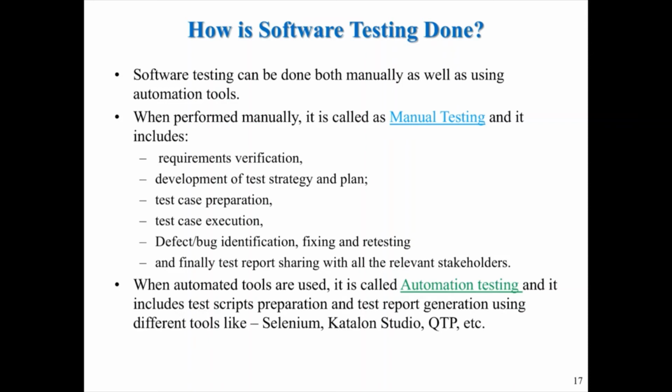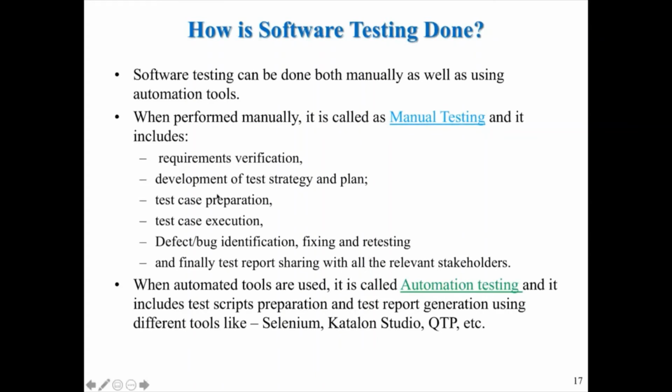When you are doing your testing manually, it includes several points. First, it includes requirements verification, that you verify whether all the requirements have been met. It includes development of a test strategy and plan. Before you test the software, you should make a whole strategy and a complete plan of how you will be testing each part of the software.